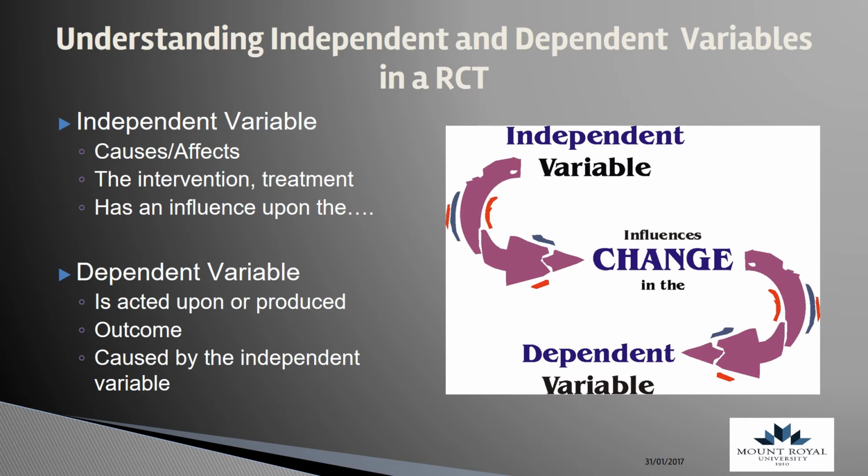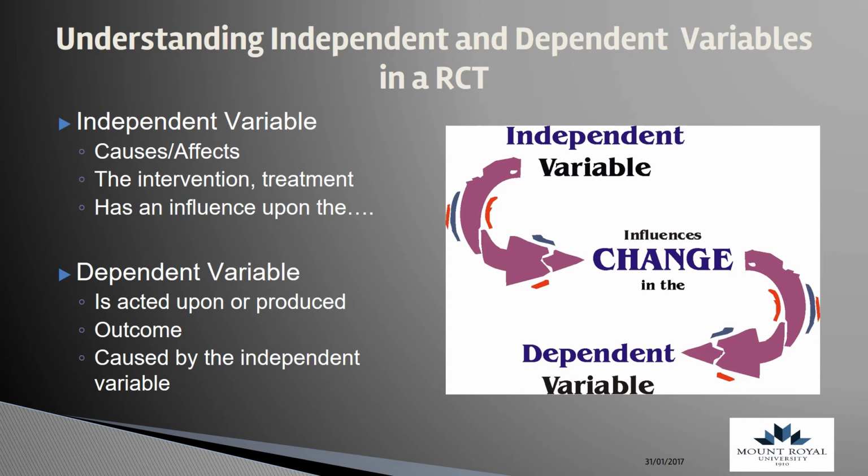So it's the cause, it's the intervention, it's the treatment, and it has an influence on the dependent variable. The dependent variable is acted on or produced by the independent variable. It's the outcome that we're interested in measuring, and it is what is caused by the independent variable.